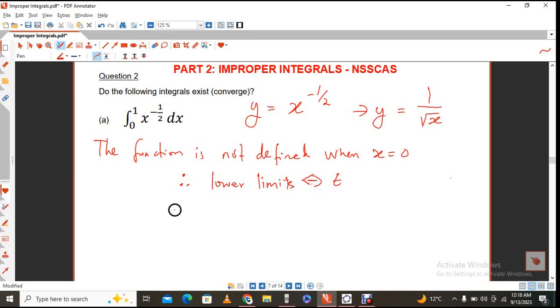So we're going to have the integral from t to 1 of x raised to the power of negative a half with respect to x. I'm going to come back to that.